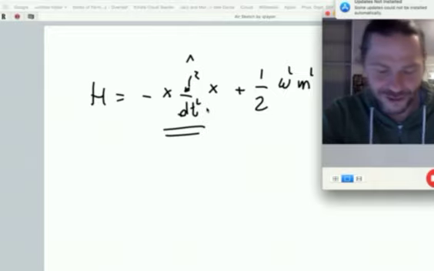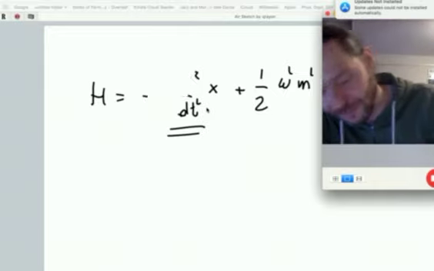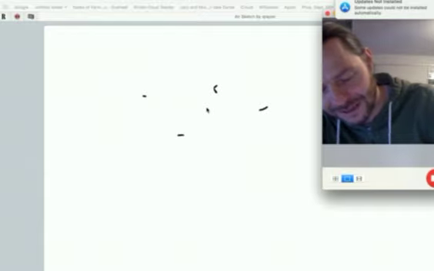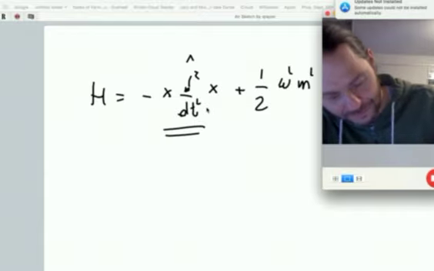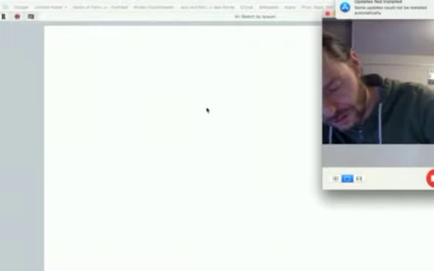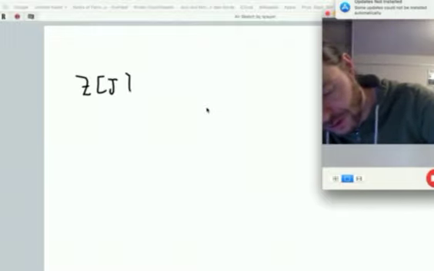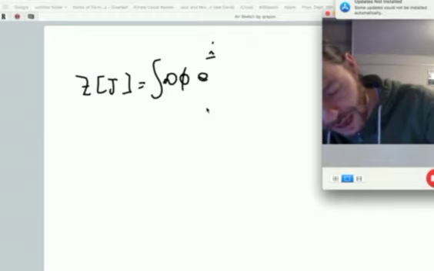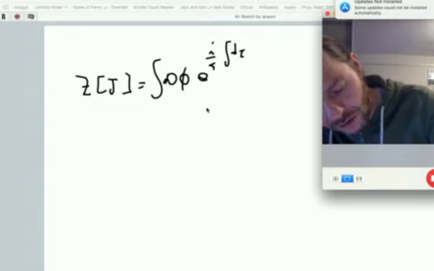The kinetic energy part, so, okay, let me be more precise. The path integral for the harmonic oscillator would be something like, the generating function for the harmonic oscillator would be j of x, integral over dx, right? And then I have an i over h bar, and then I would have an integral over time of x dot squared.